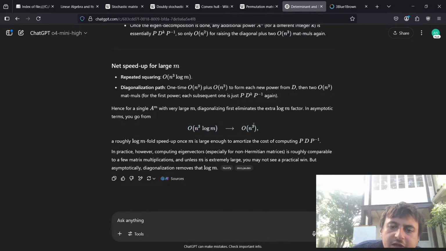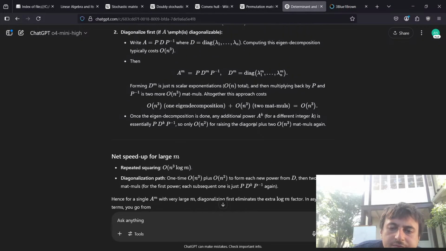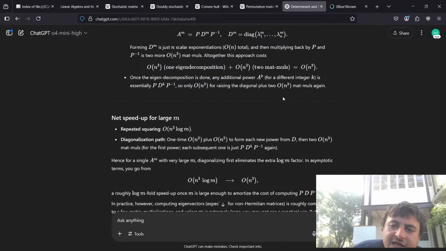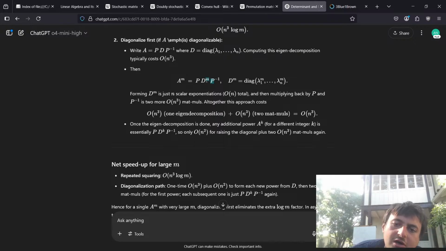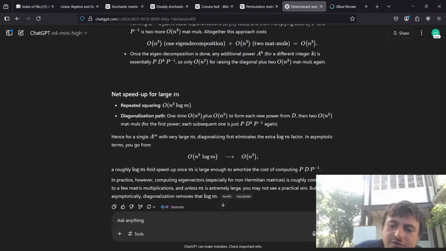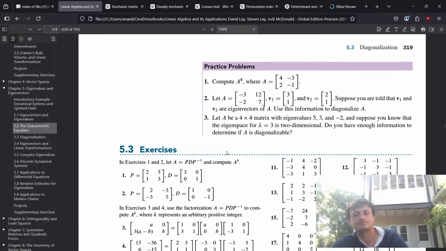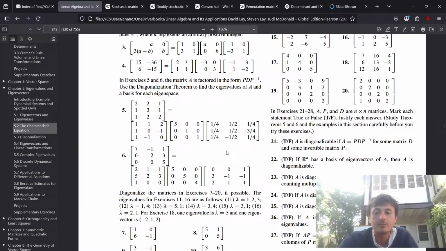So you remove the log m. And the log savings on D of m, it doesn't even matter. It's like you're talking about log n, like when you're talking about n cubed compared to log m rather. Yeah, but that's whatever. I don't even care about that.